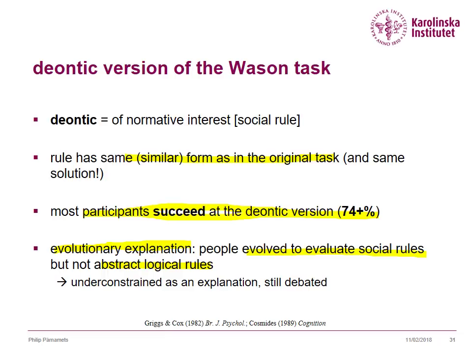And this explanation isn't perfect by any means, and it's unclear why we should think that we evolved to evaluate drinking age rules, and why that wouldn't generalize in that case to any other type of rule. But the data definitely is firm that humans have a much easier time solving the Wason task when it's formulated as a social rule rather than as this kind of abstract rule.